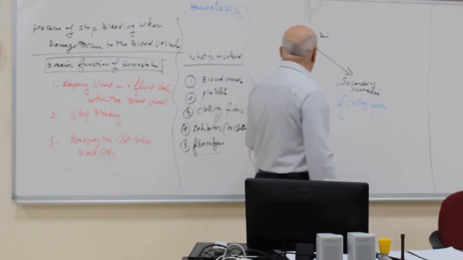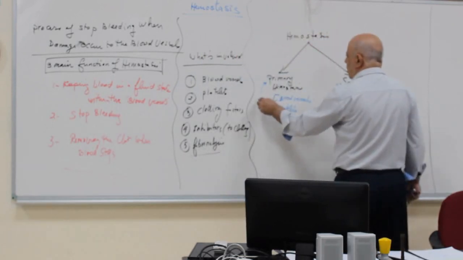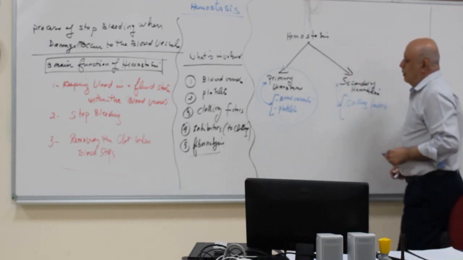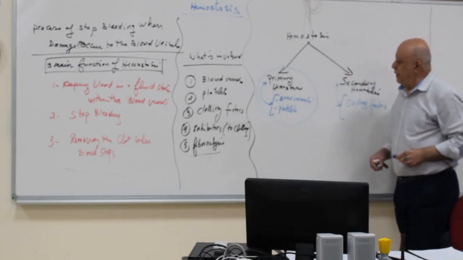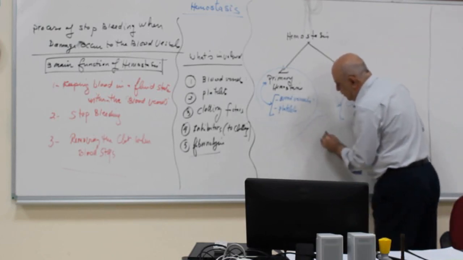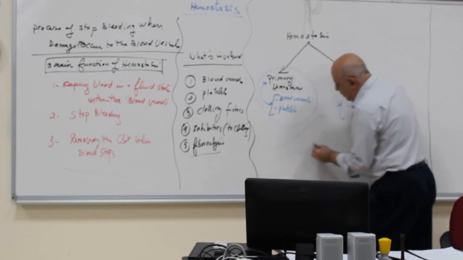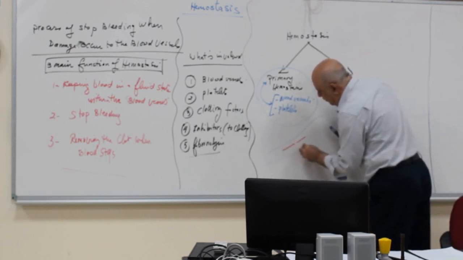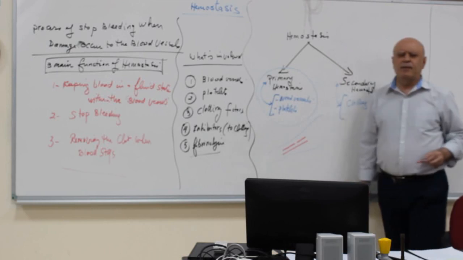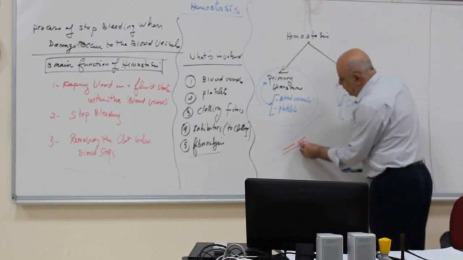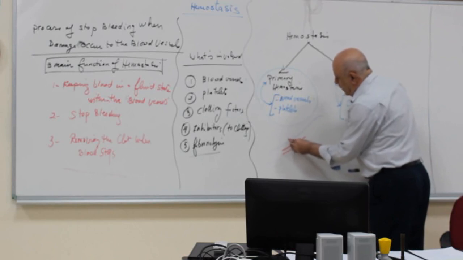Now, let's start with the primary hemostasis, the blood vessels and platelets. If we are to draw an arm, this is your arm, and you have a damaged blood vessel, and from the blood vessel you can see we have bleeding.